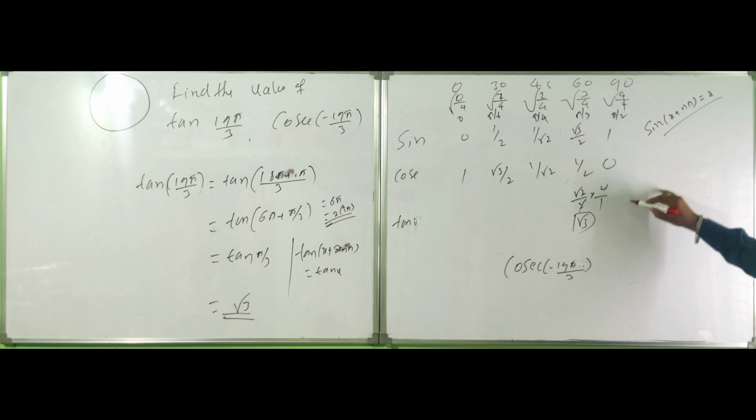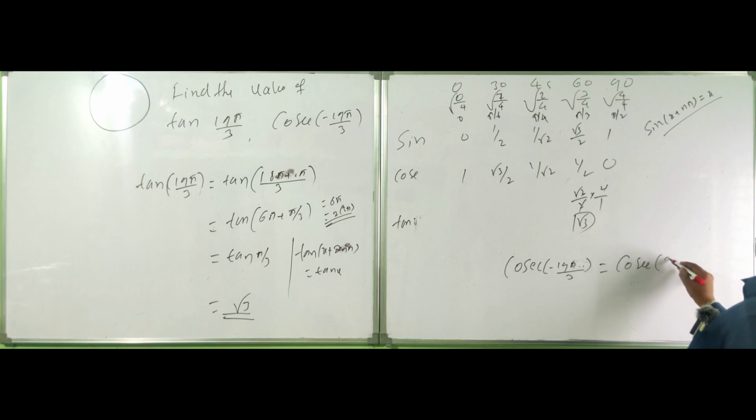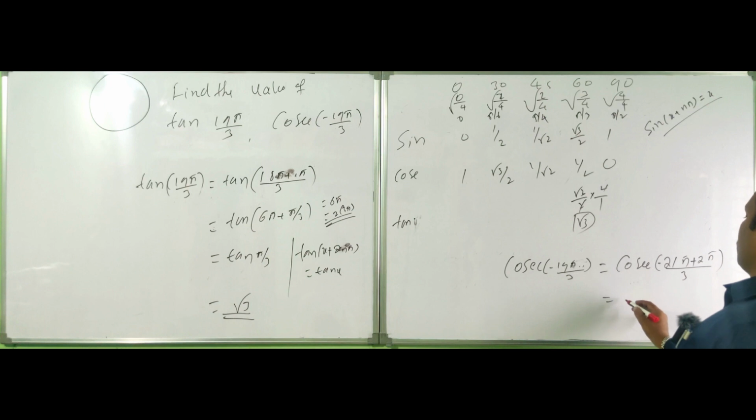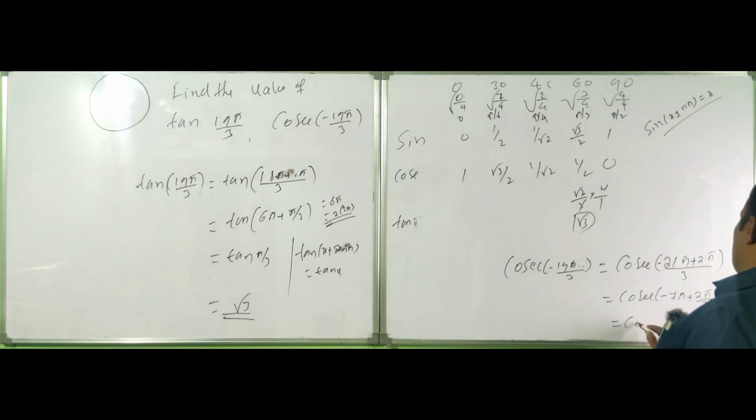This becomes cosecant of 21 pi minus... plus or minus cosecant of minus 7 pi plus 2 pi by 3. So this becomes cosecant of 2 pi by 3.